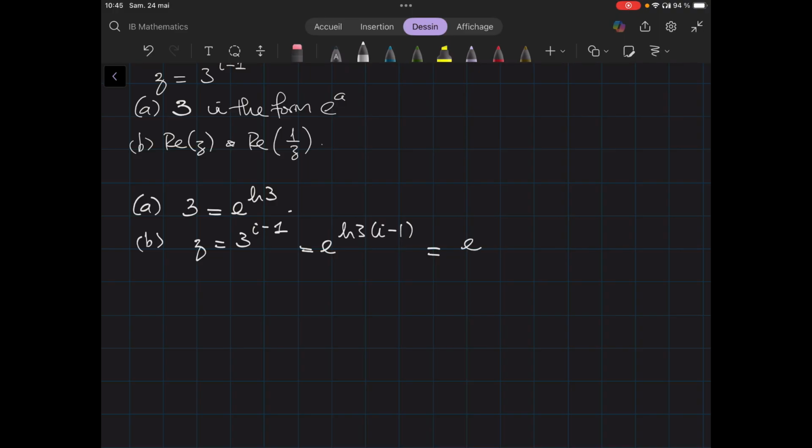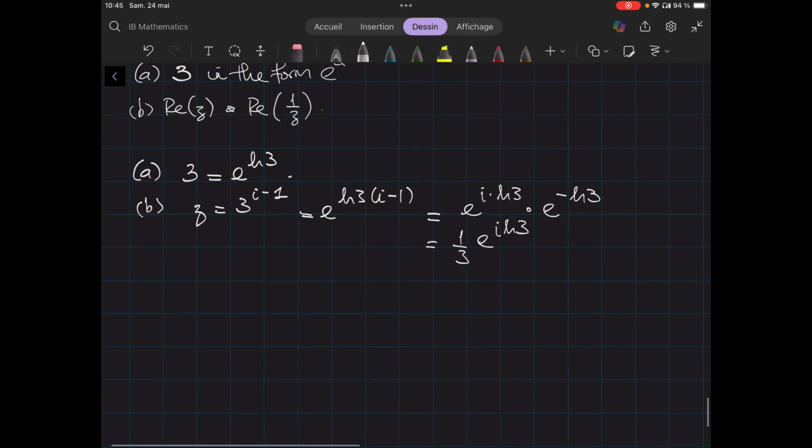So that's going to be e to the i times ln 3 times e to the negative ln 3. E to the negative ln 3, that's 1/3. The real part of z is simply 1/3 times cos of ln 3.